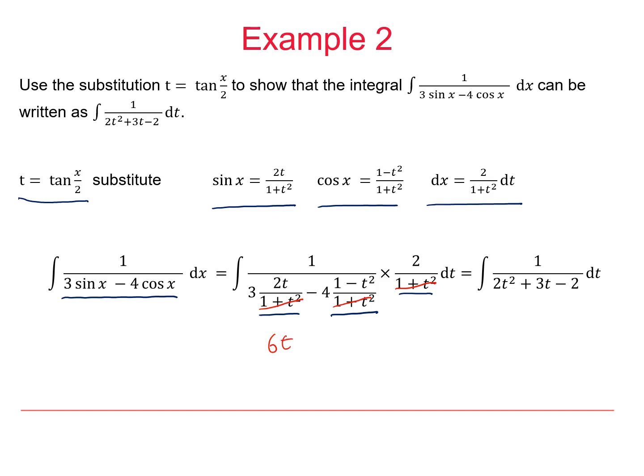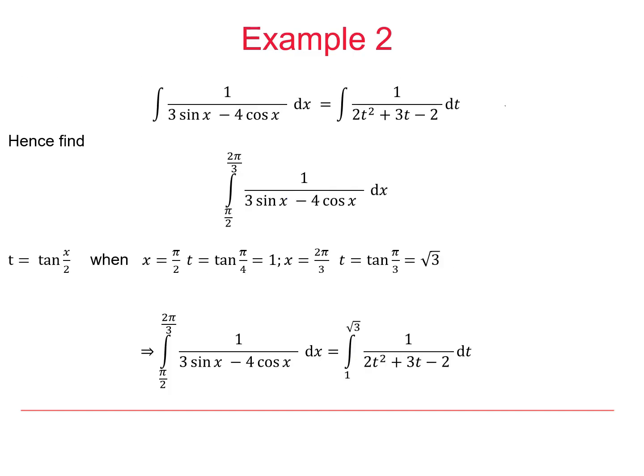We have minus 4 times 1 and minus 4 times minus t squared, so that's plus 4t squared, because it's a negative times a negative. And because we've got a 2 on the top there, we can halve all of those coefficients, so there we have our final version. So that's the first part of the question done.